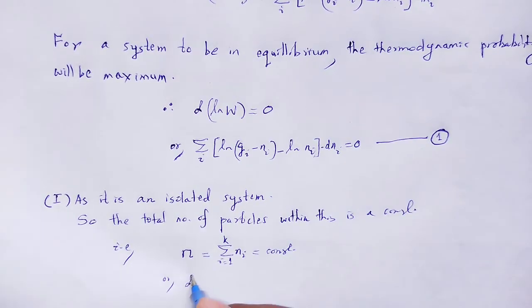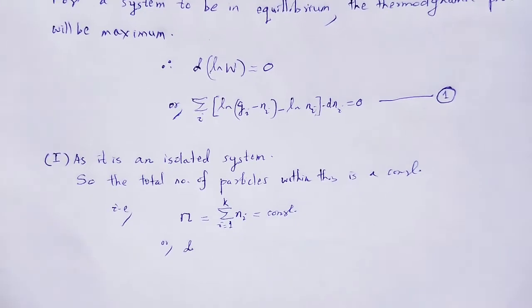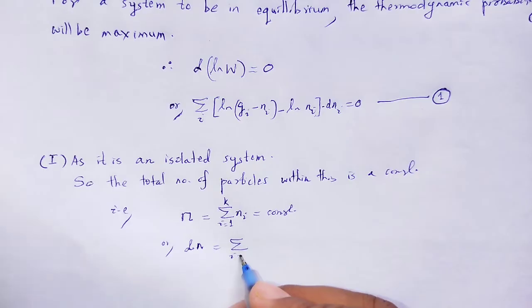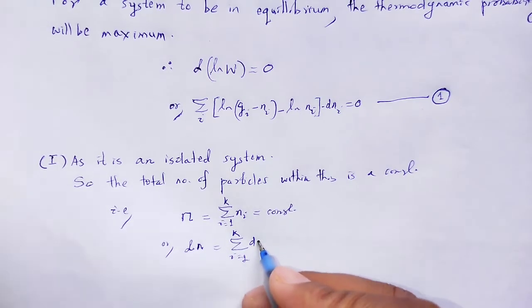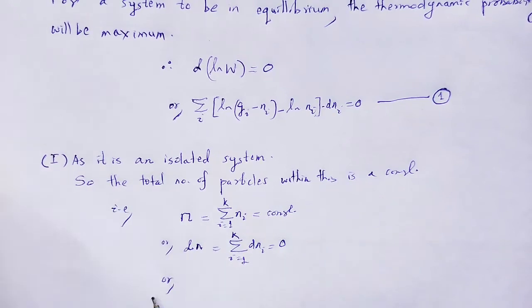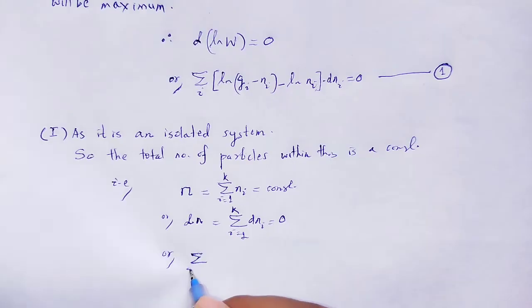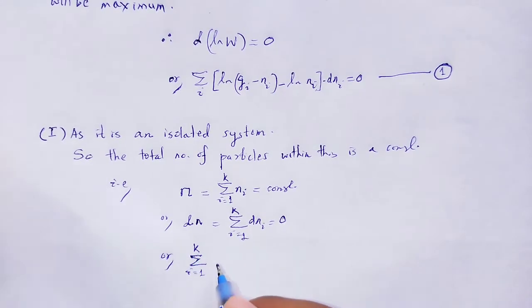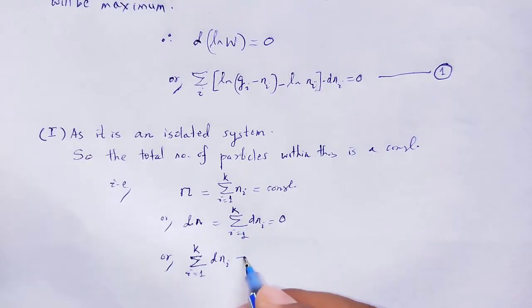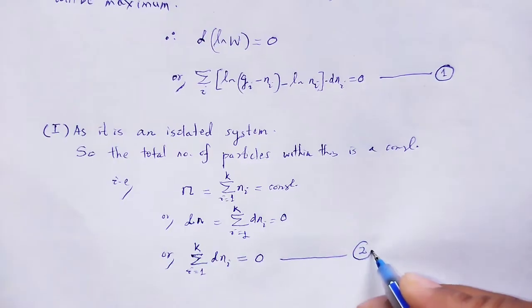Therefore its differentiation dN is equal to summation over i from 1 to k of dNi is equal to 0. That is equation number 2.